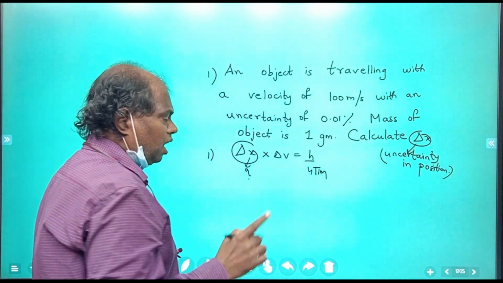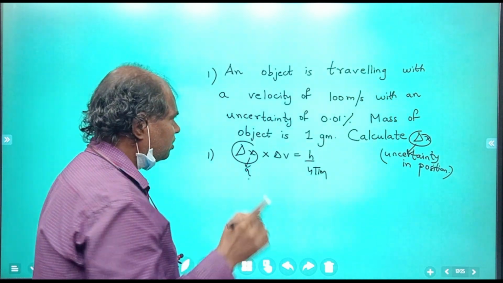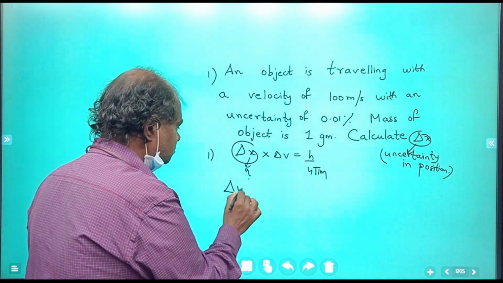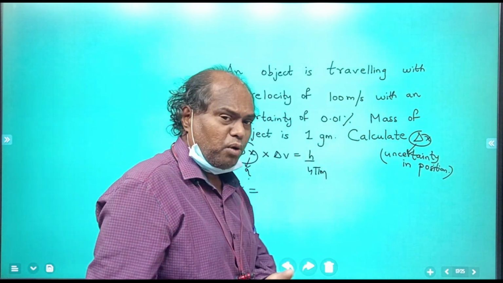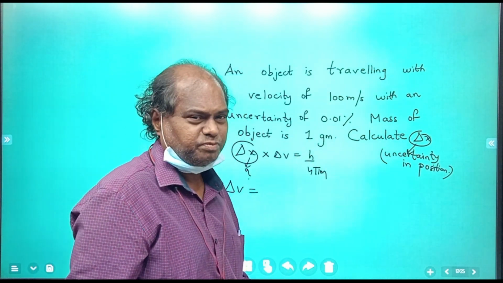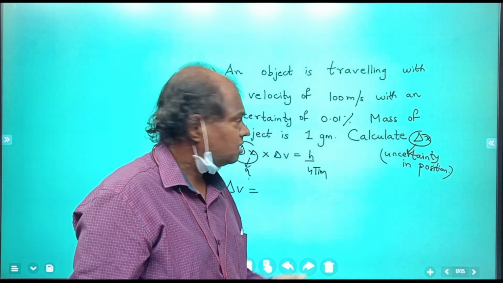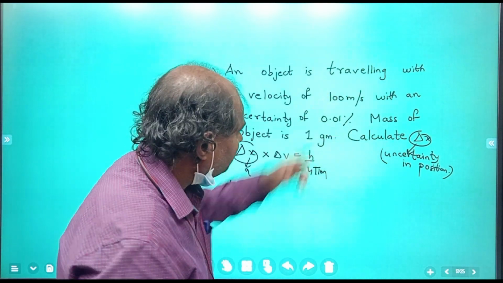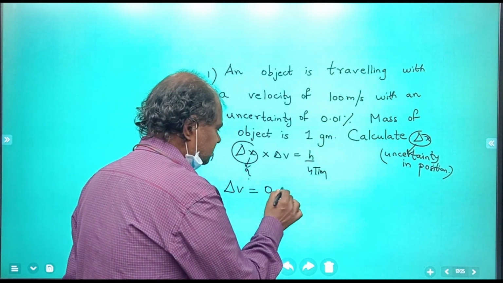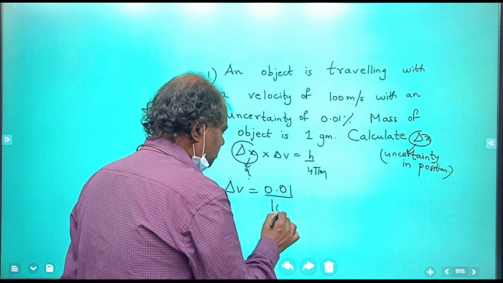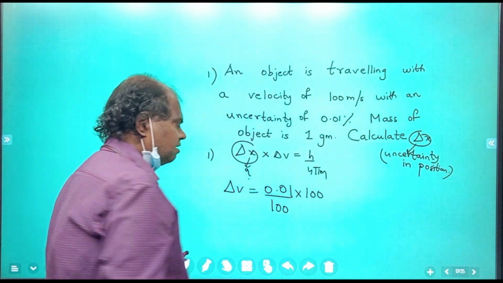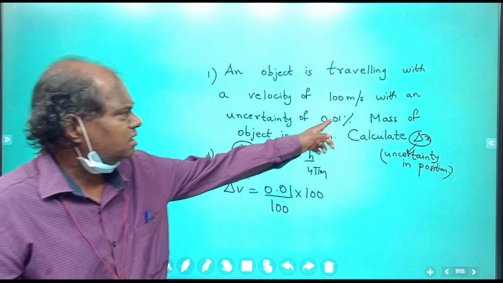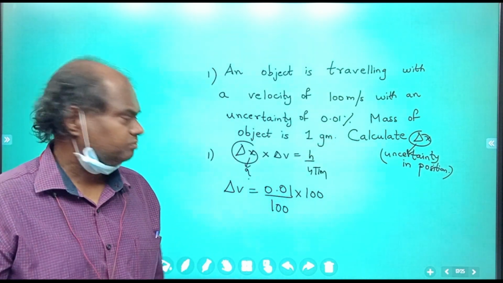Delta v you know. Now students be very careful, just see here. What is delta v? Delta v is equal to the uncertainty of 0.01%, that is 0.01% of 100. This is how you do it. 0.01% of the velocity.